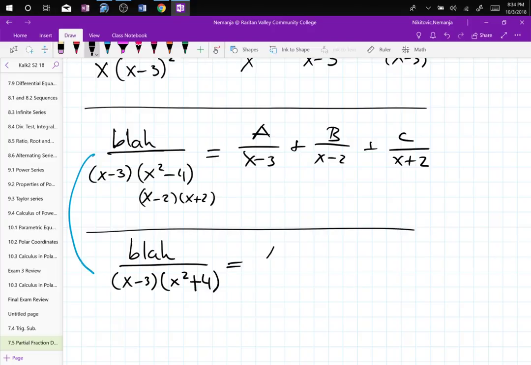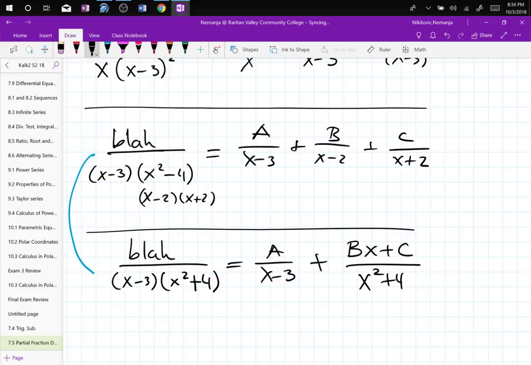And the quadratic one is A over x minus 3 plus Bx plus C over x squared plus 4. That's the setup. Procedure is always the same. Find the common denominator, cross multiply, and then top equals top. So the procedure to solve these problems is always the same.